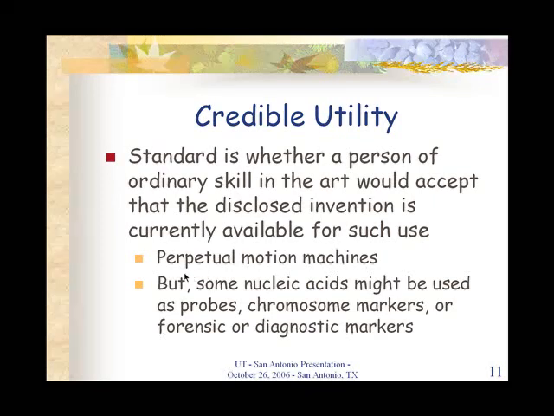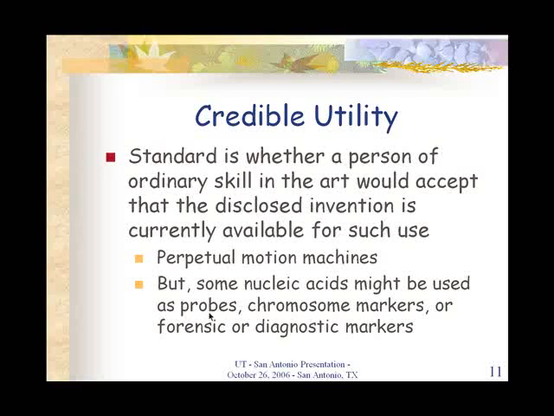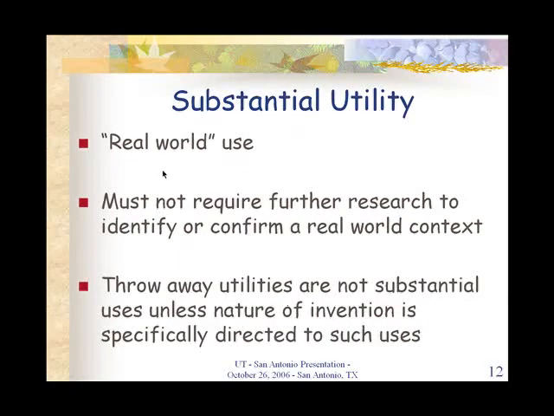Too many forces work against it to have it be considered even possible. But some nucleic acids might be used as probes, chromosome markers, or forensic or diagnostic markers. So these are obviously credible. People could recognize them and say, oh yeah, that makes sense. I could see how that would be used, how it would be possible even.